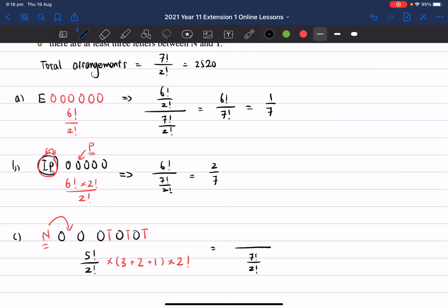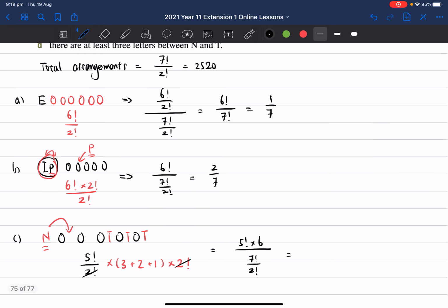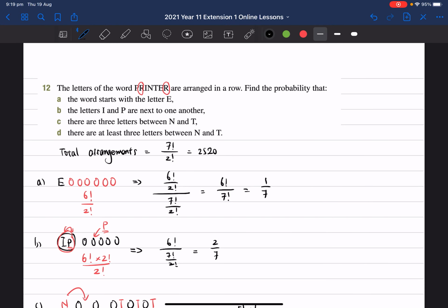The numerator, if you cancel the 2 factorial with the 2 factorial, you get 5 factorial times by 6. Let's use the calculator. Okay, so the answer is 2 out of 7. And that will be the chance.